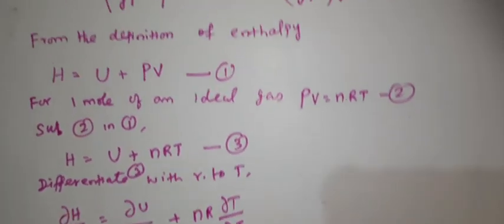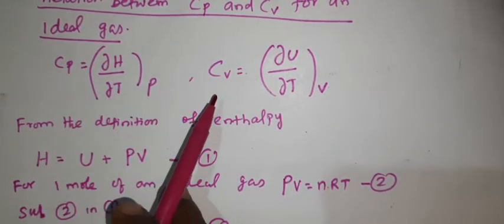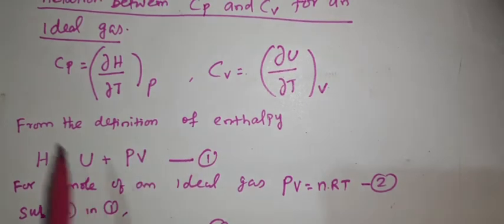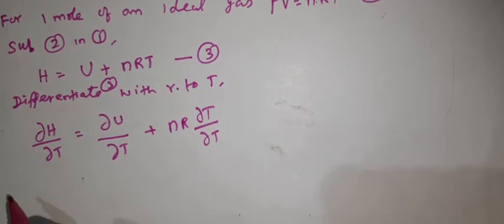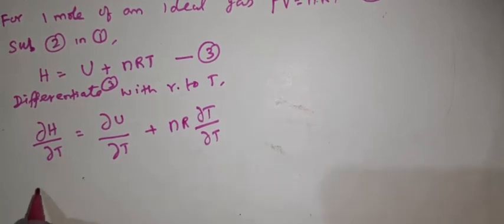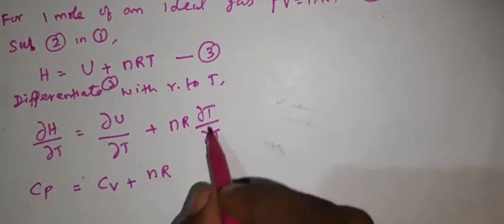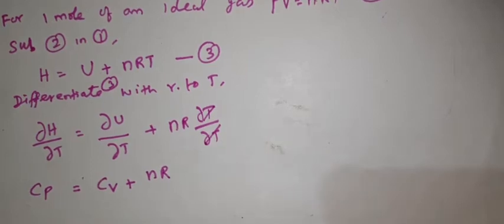See here, Cp equals dou H by dou T and Cv equals dou U by dou T. So we are going to substitute these values here. Dou H by dou T, that is Cp, equals dou U by dou T, that is Cv, plus the remaining nR, because the dou T terms cancel.